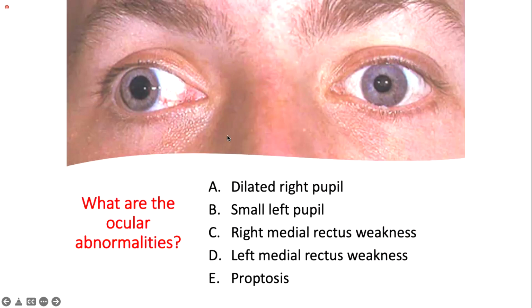That brings us to your second poll, which is a multiple choice, true or false. There are several answers, not one. What are the ocular abnormalities? There are several correct answers. Select only the correct answers. Move the poll box away if it's obstructing your view.